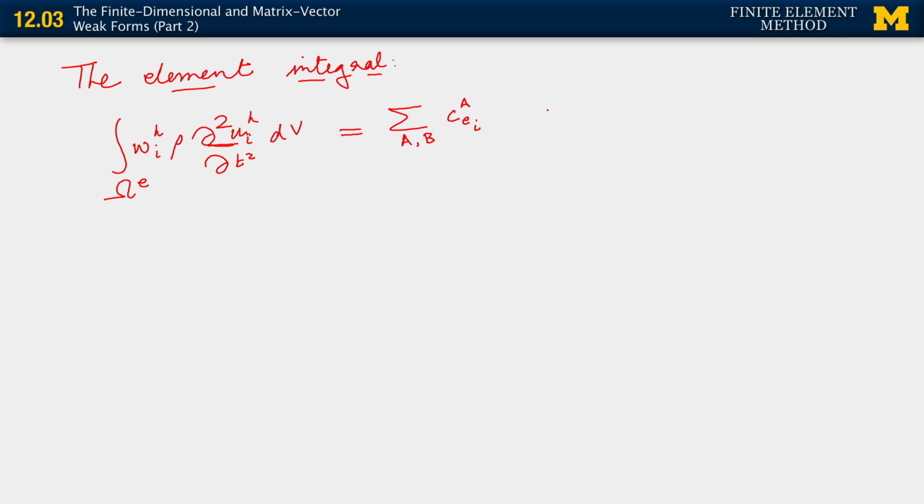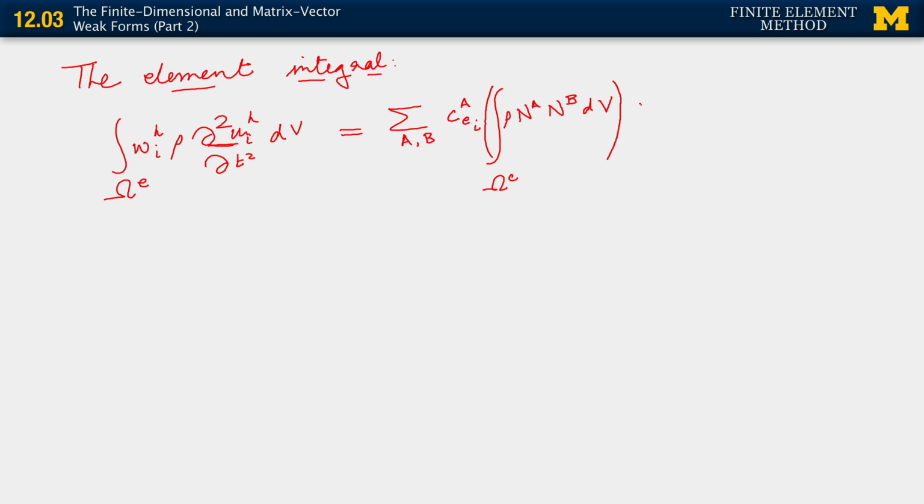Okay, this integral over omega E, N A, let's have the rho there, N A N B dV, and outside of this integral come the degrees of freedom that are used to construct the representation for the trial solution, right?